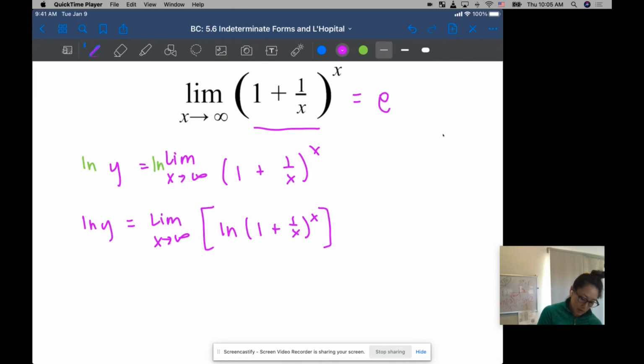And then using my power property, we're going to pull that x to the front. So the ln of y is equal to the limit as x goes to infinity of x times the ln of 1 plus 1 over x.